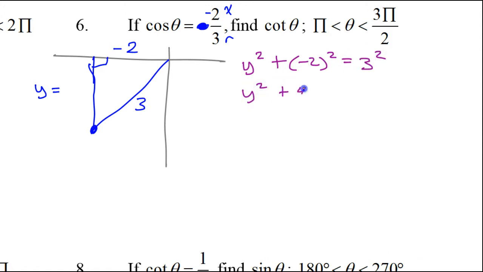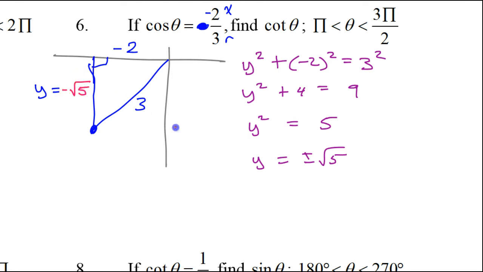So y squared plus 4 is equal to 9. So y squared is equal to 5 once you subtract. And y is equal to plus or minus radical 5. So in this case, we're going to do negative radical 5, like I said, because it's down.